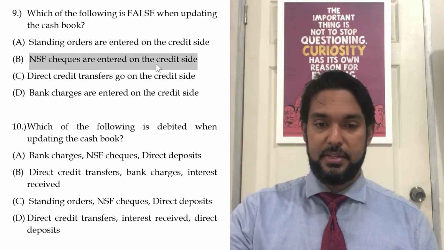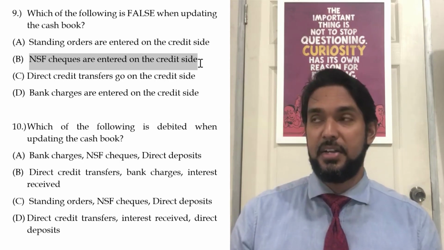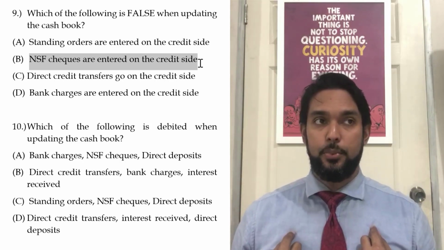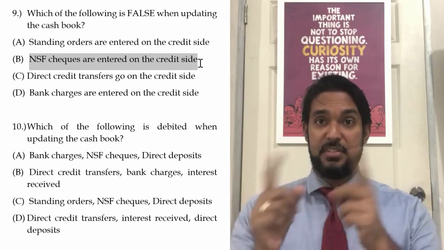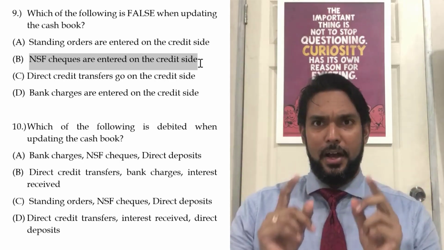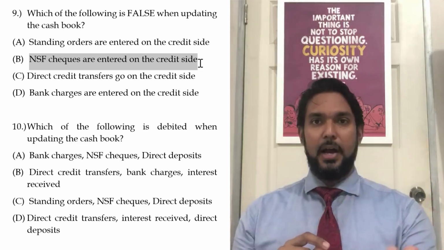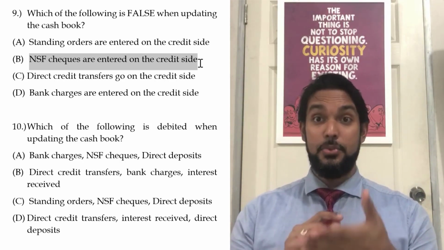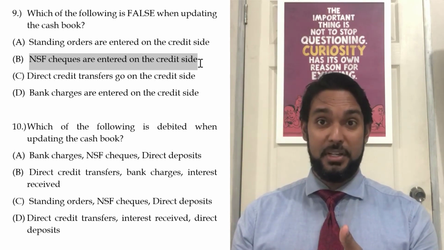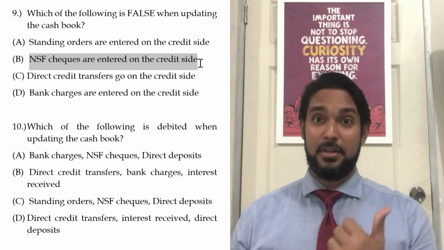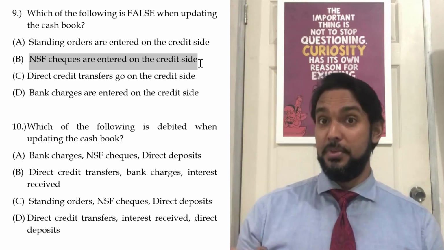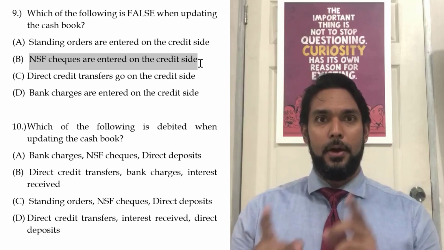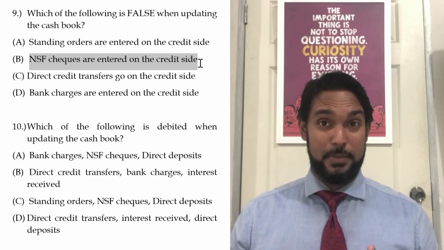NSF checks are entered on the credit side, right? So NSF checks, that is when checks bounce. So when we got the check initially, we would have put it on the debit side. And when we send it to the bank, and the bank goes through its process and realizes the person who wrote this check doesn't have enough money in their account to cover it, we have to send it back to our customer, who will then tell them they don't have enough money to pay us. So ultimately, we did not get the money.